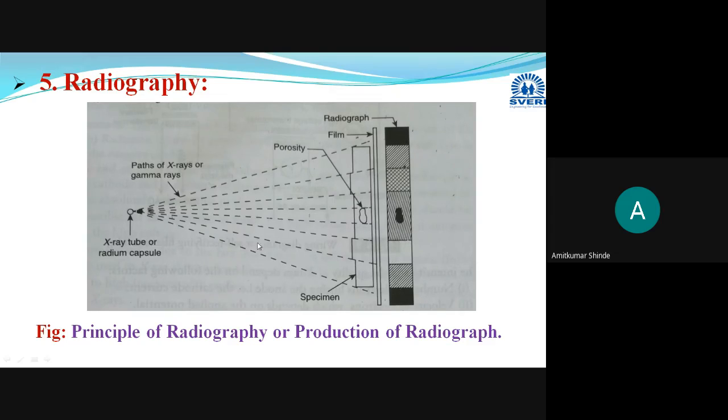Depending on that, we get the dark spot, and in the remaining areas absorption will be more, and depending on that absorption we will get different kinds of patterns on the film. So the principle used in radiography is absorption. Depending on the absorption only, we get different patterns here. So the correct answer for this question is absorption.